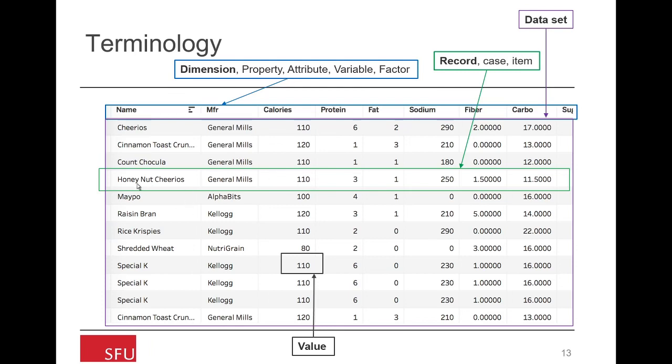That item, in this case Honey Nut Cheerios, has a manufacturer, a serving of the cereal, a certain number of calories, a certain amount of protein, and so on. The entity, Honey Nut Cheerios, has a single element for each one of the variables listed in the table.